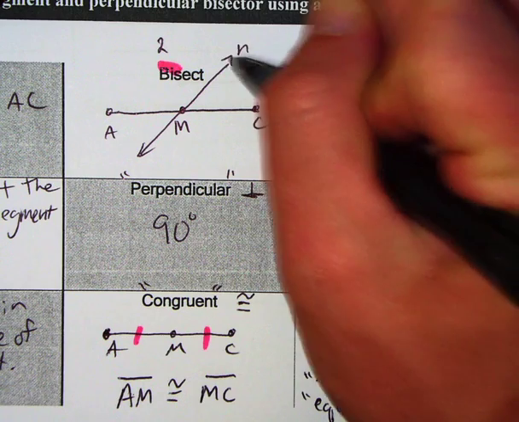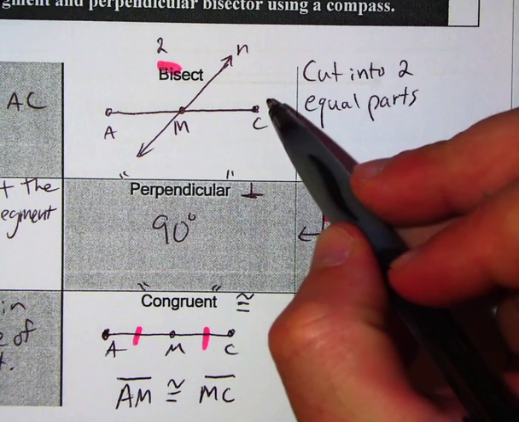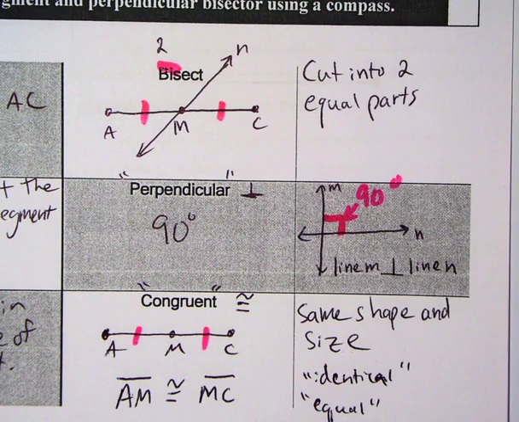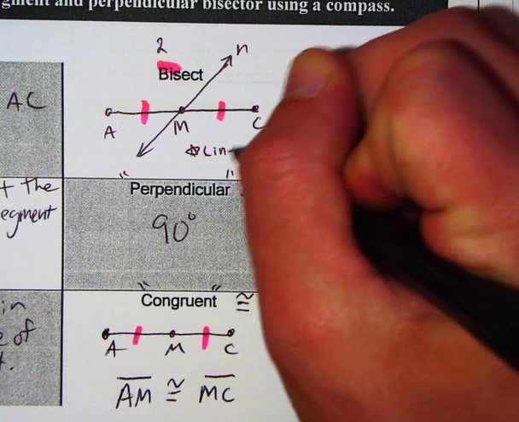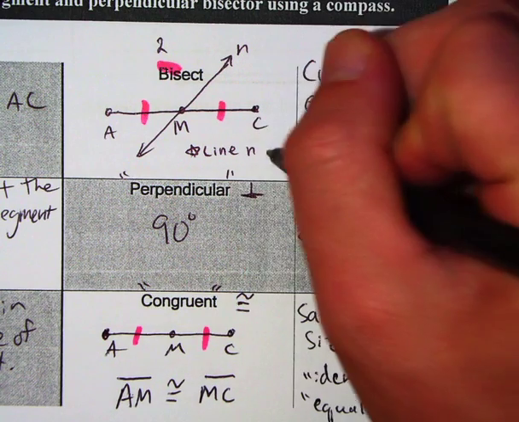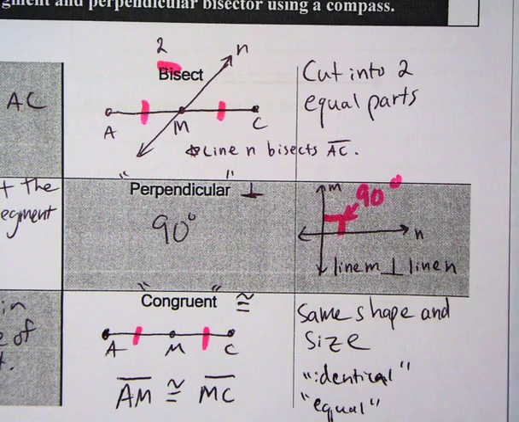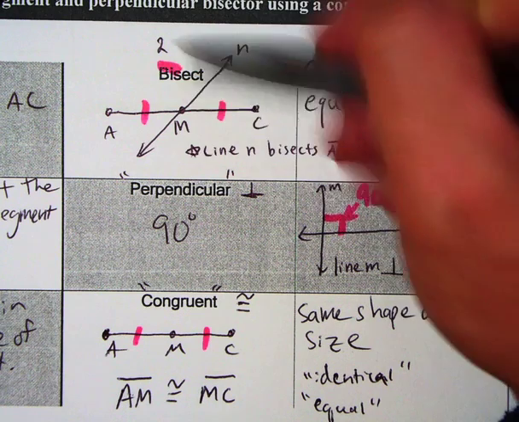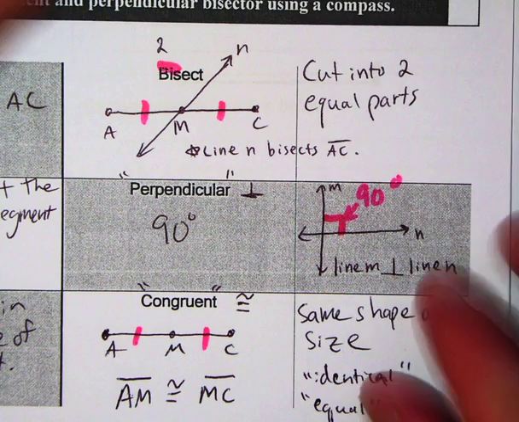Call this line N. Line N is a bisector. It bisects segment AC into two equal parts. So again, I'd be able to say line N bisects segment AC. Cuts it in two. And of course, there's another bunch of bisectors. Really an unlimited number of bisectors that could come through and cut that in half.